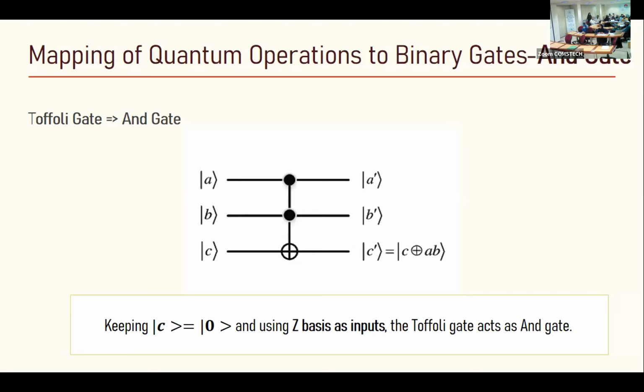Who said 1? Toffoli gate only flips the target value if both the values are 1. Okay? So if the value is 0, 1 and the target bit is initialized to 0, what would be the output? And can someone tell me the last case? 1, 1, that means that the target qubit should be flipped. So it becomes 1. Yes?